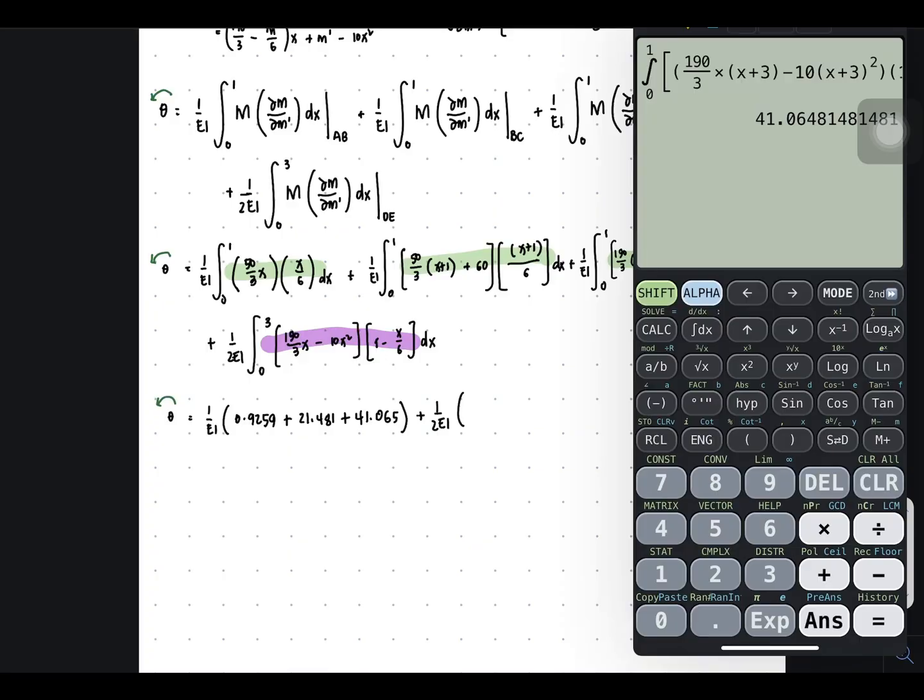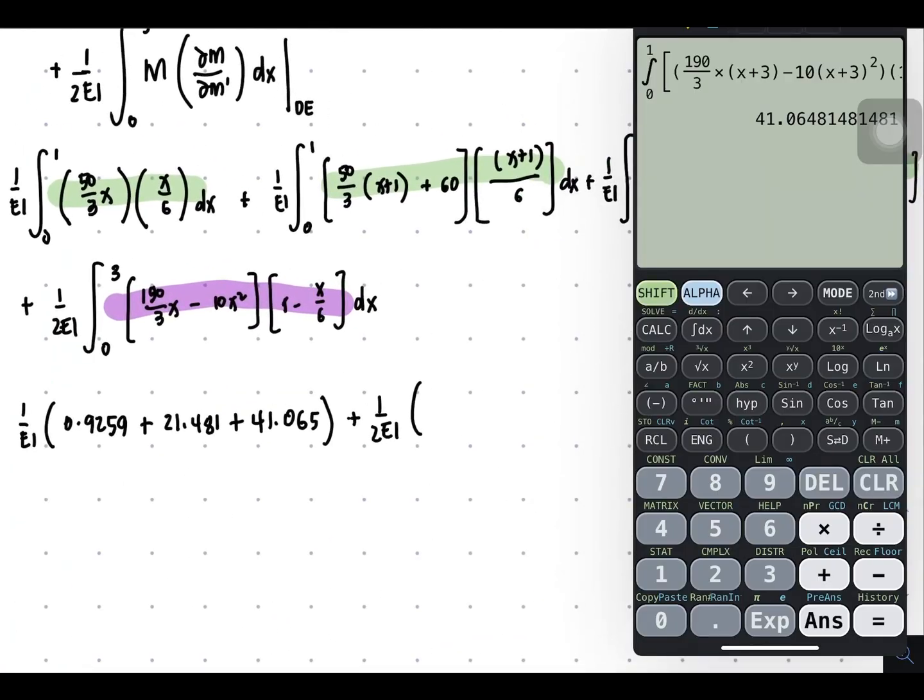And for the 1 over 2 EI, we only have one. It's going to be the integral of 190 over 3 x minus 10x squared times 1 minus x over 6, and you close it, and it's from 0 to 3 nga limit.